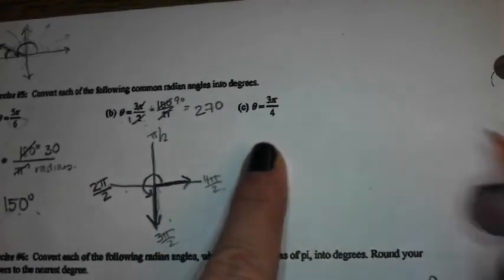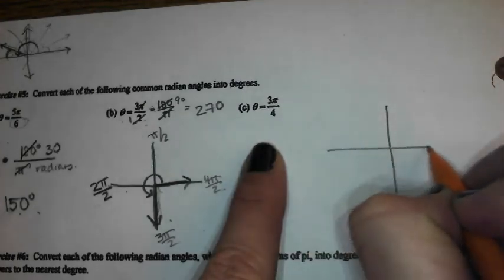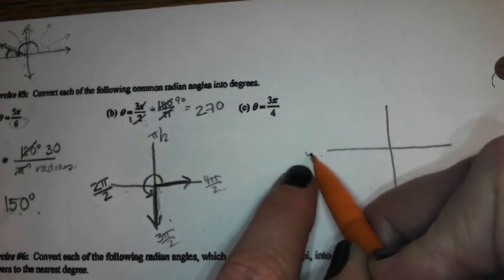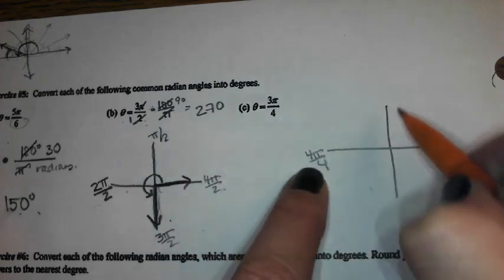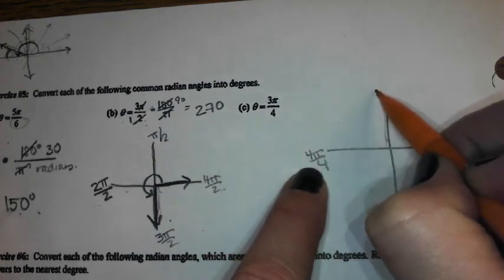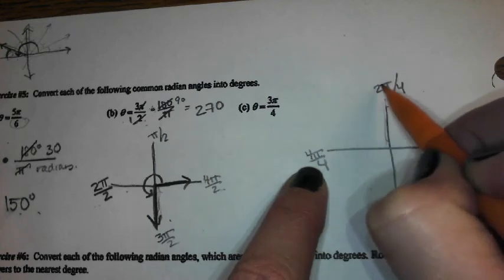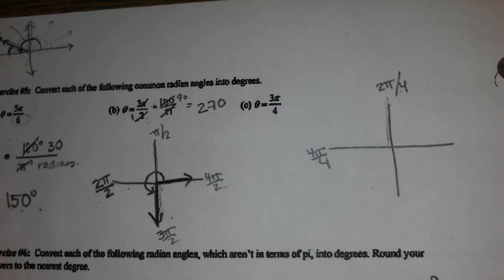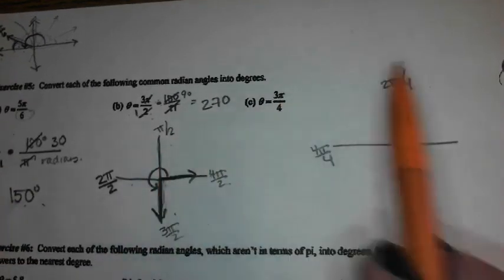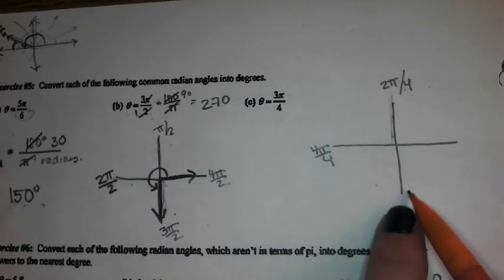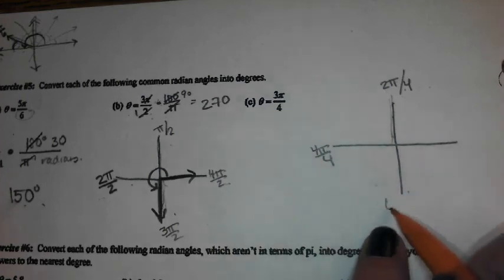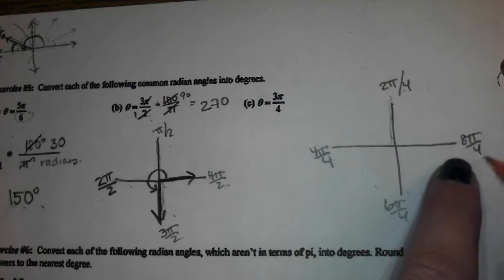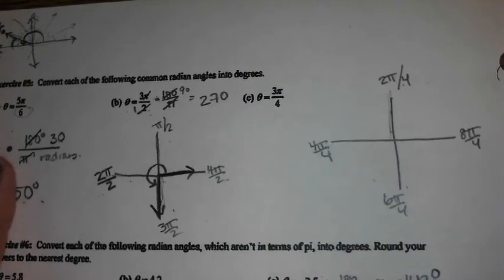And then in C, if the denominator is 4, how am I going to label this? 4 pi over 4. Excellent. What would this then be? 2 pi over 4. Doesn't it make sense because that reduces, right? That coincides with pi over 2, which is what that always is. What would this be? 6 pi over 4, and what would this be? 8 pi over 4, which reduces to 2 pi, which is that full circle.